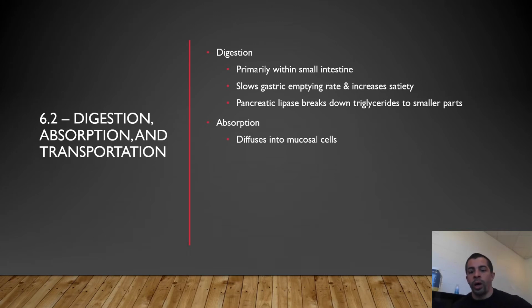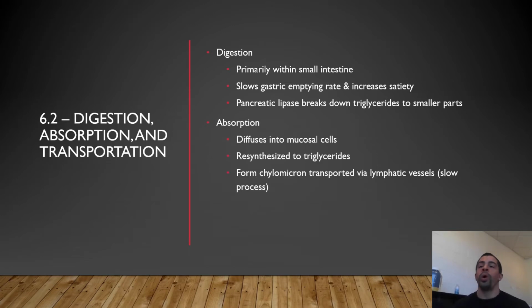Okay, so we've got to break down our fats for our small intestine to actually absorb them. And they absorb into the mucosal cells of the small intestine. Once they're absorbed, because they're broken down, they need to be resynthesized into triglycerides. Typically there are 3 different types of triglycerides: a small chain, medium chain, and a long chain triglyceride.